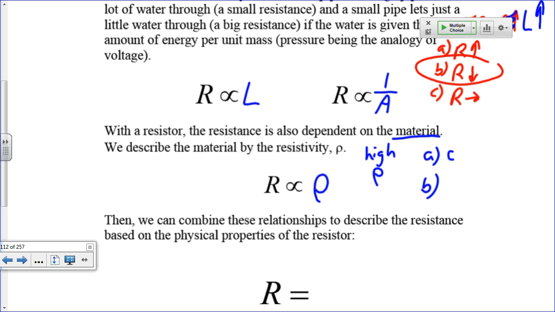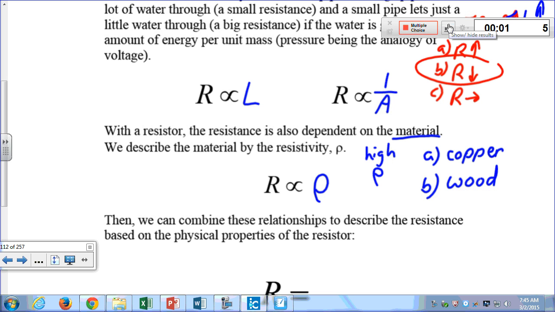That is, a piece of copper or a piece of wood. Now remember, the resistance is directly proportional to resistivity. Resistivity, by the way, is measured experimentally. I think y'all did that in lab, where you measure the resistivity for certain devices. A piece of copper, I think you did that. So, is the resistivity high for copper or for wood? Which of these has the higher resistivity?